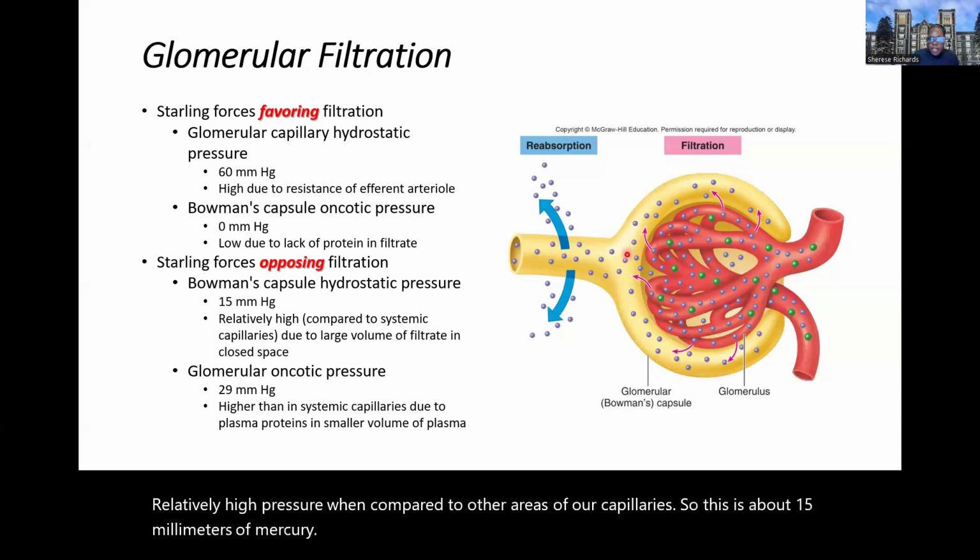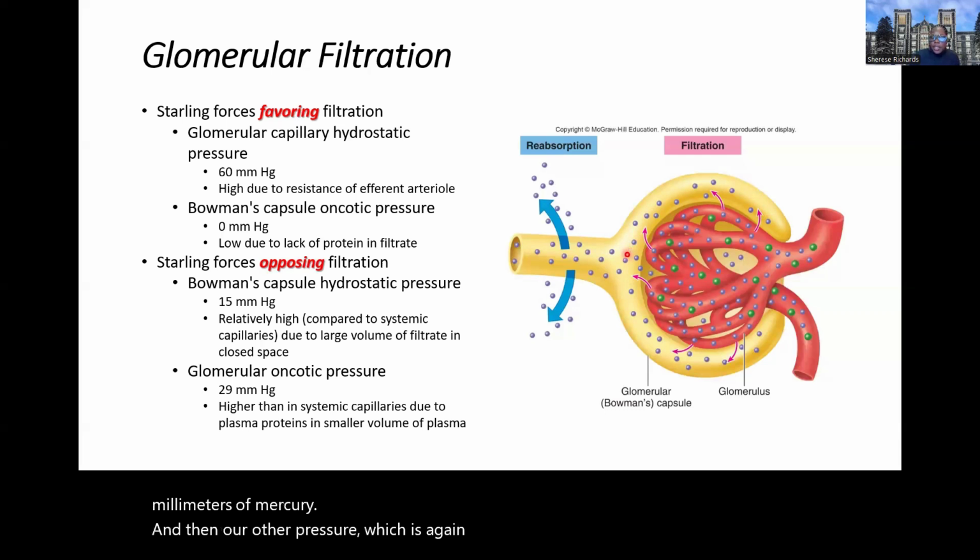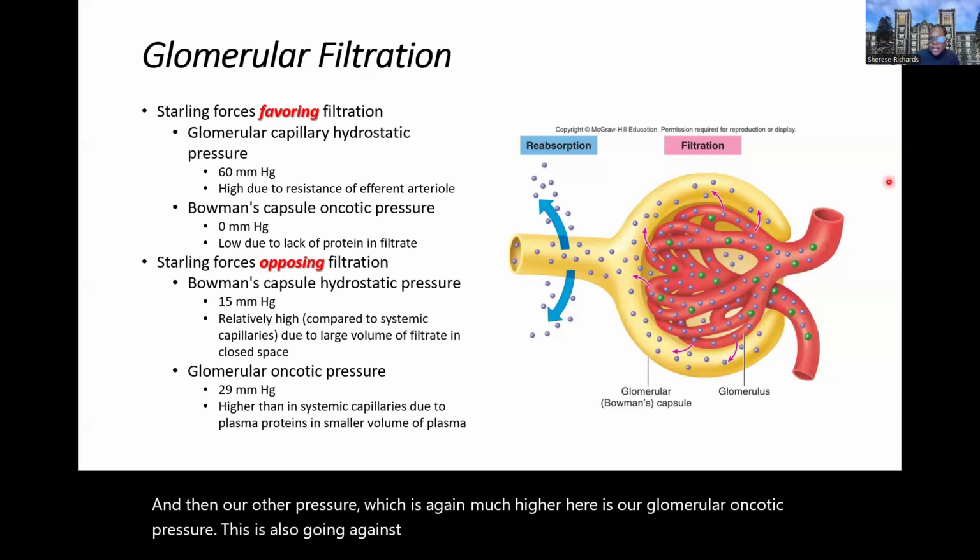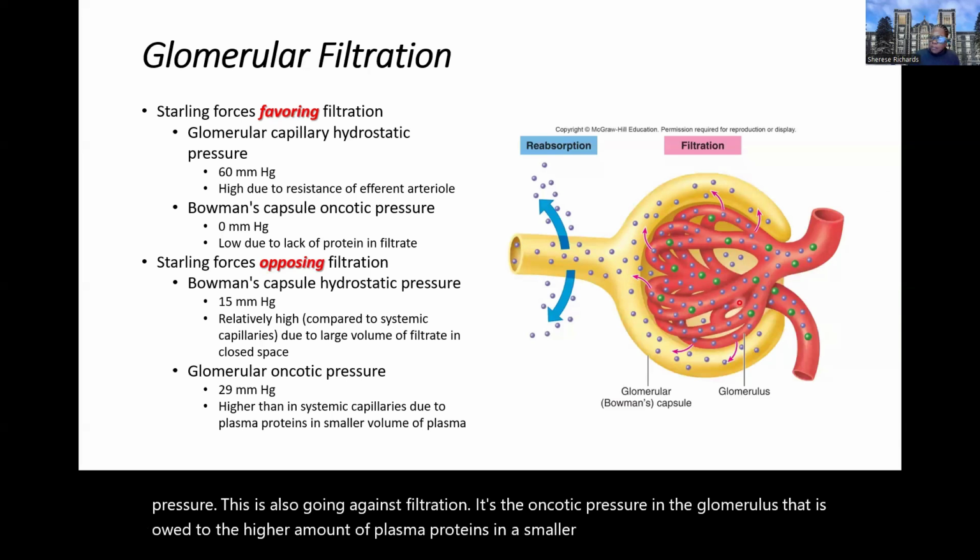And then our other pressure, which is again much higher here, is our glomerular oncotic pressure. This is also going against filtration. It's the oncotic pressure in the glomerulus that is owed to the higher amount of plasma proteins in a smaller amount of volume of plasma. Just reiterating this here again.